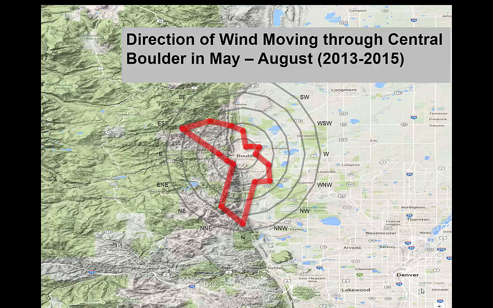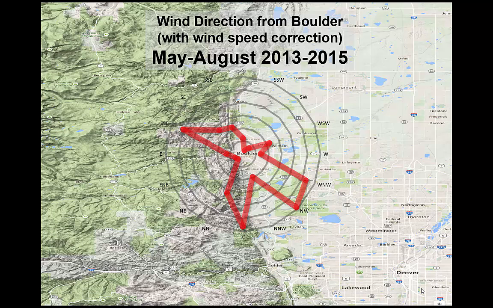If we make a different kind of map and add another feature, so we have both wind direction and how strong the winds are, we get a slightly different pattern. We do see that often there are strong winds heading down in the southeast direction, which would hit places like Superior, Westminster, ultimately Denver.